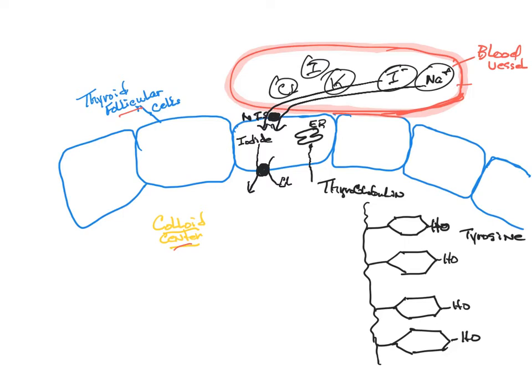The sodium will also be transported back out of the cell, back into the blood, so it saves the sodium. The iodine then comes into the colloid. Inside of the colloid we have peroxidase, which converts iodide to iodine.